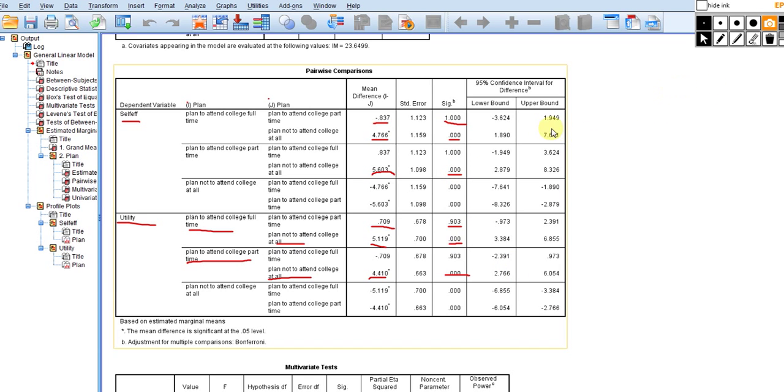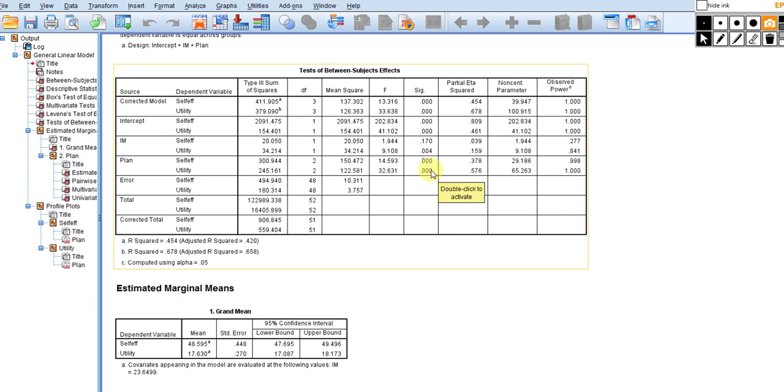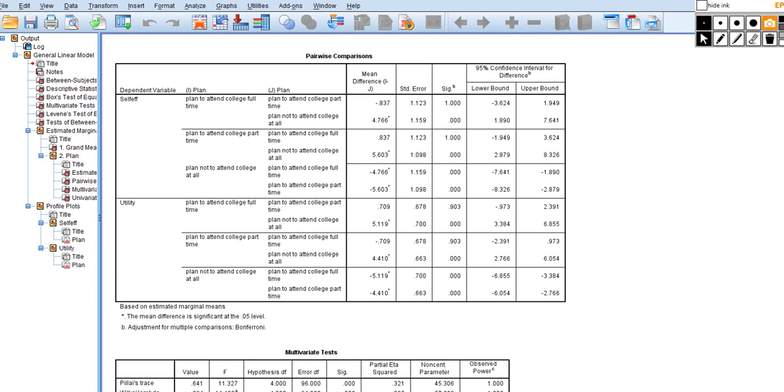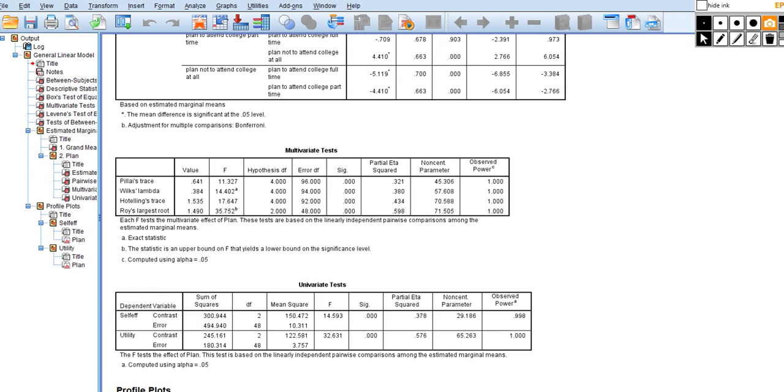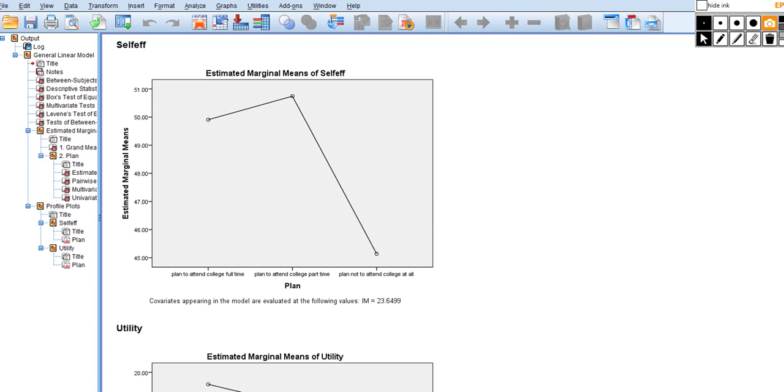Scrolling down, you can see that we have the profile plots for the adjusted means for self-efficacy. You can see the lack of difference between the two college groups on this variable. But when you compare each of these groups to the plan not to attend college mean, there's a lot more difference there.